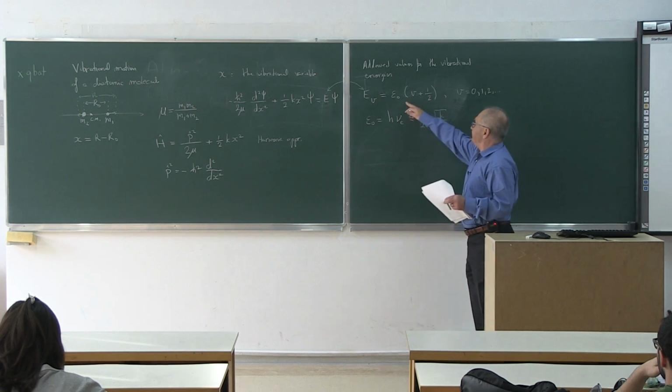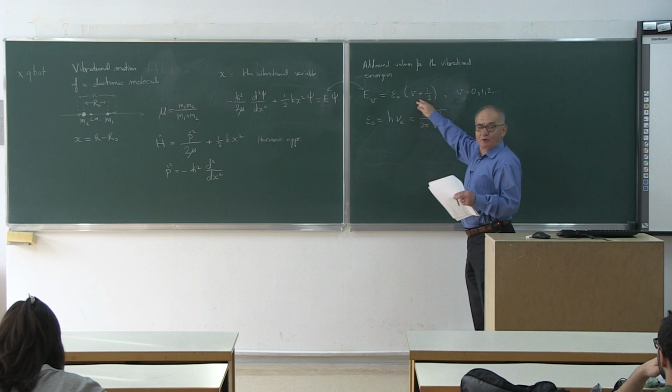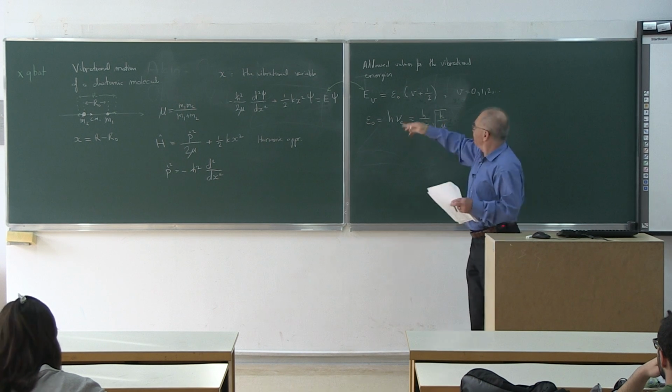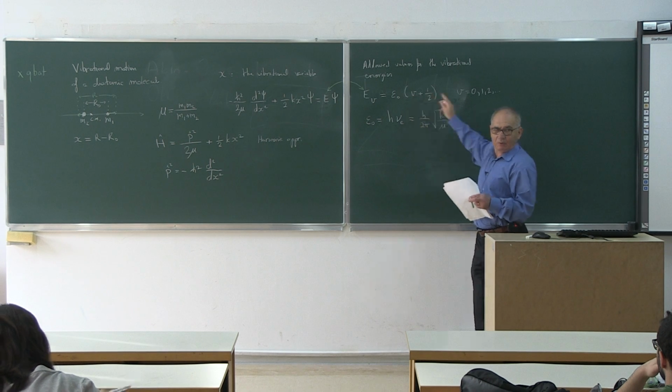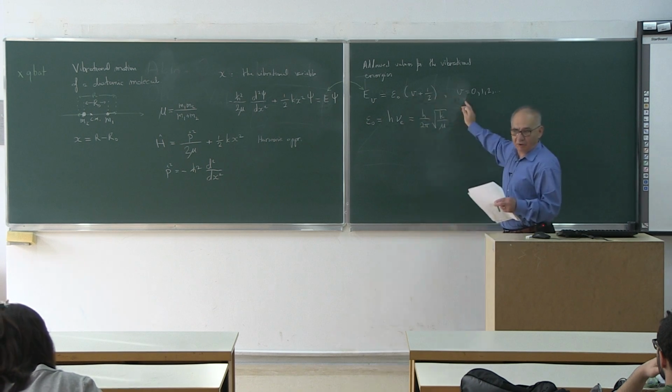Notice that all the numbers here are positive numbers, and the lowest allowed value is when we put the lowest value for v. What is the lowest value for v? 0.